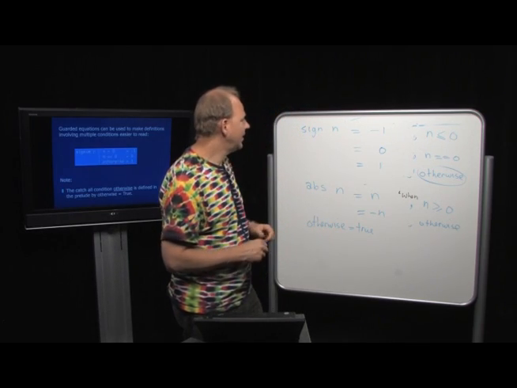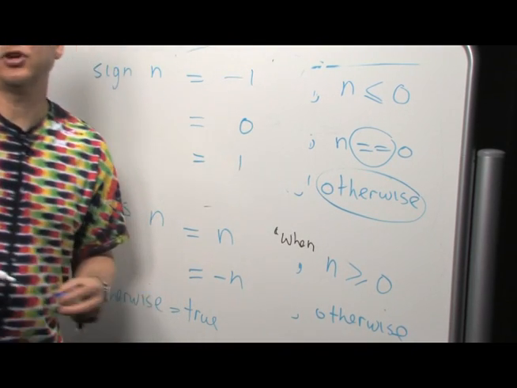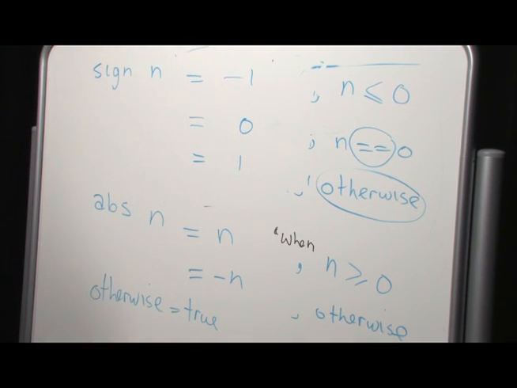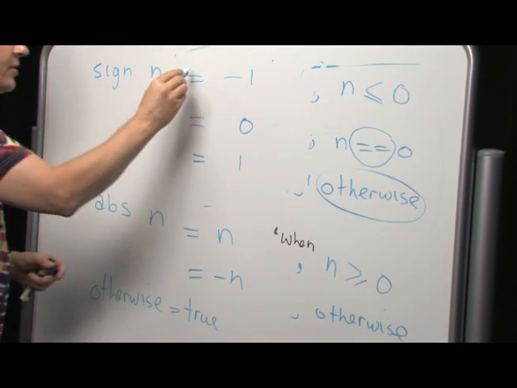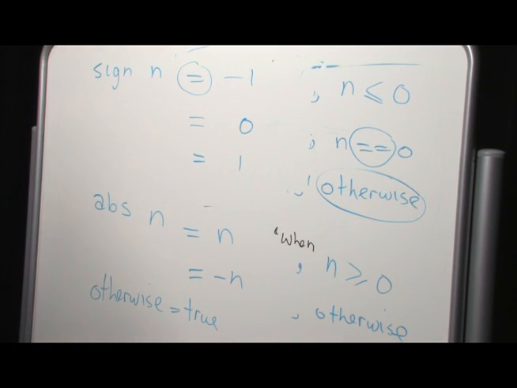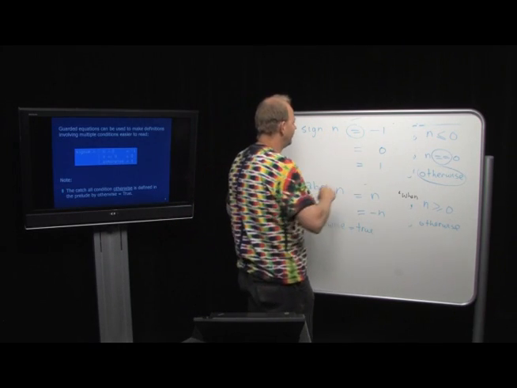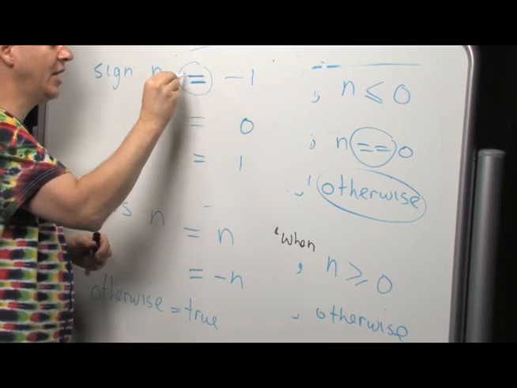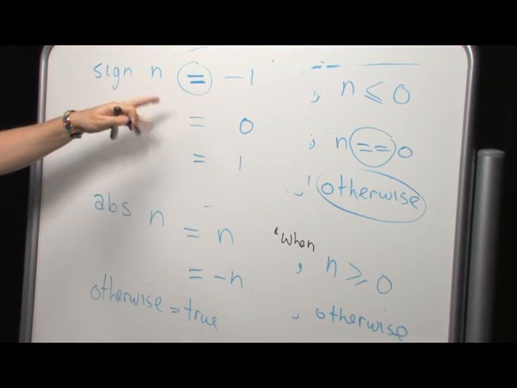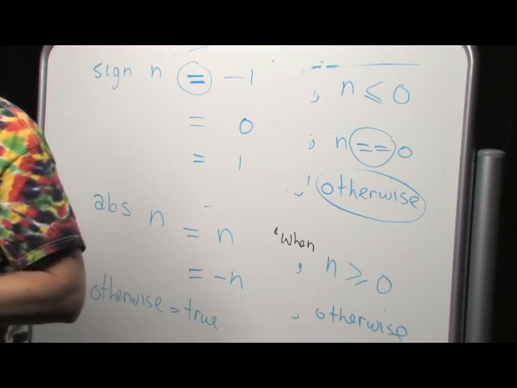One more thing here is that in Haskell you use double equals for equality, and then single equals here for a definition, and that's consistent with C# or other languages where you use equals for assignment. Well, in this case it's not assignment, but declaration, and double equals for equality.